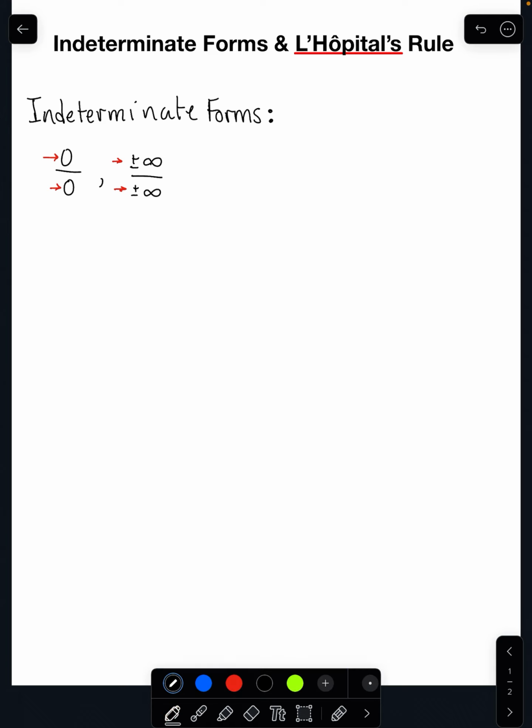As it turns out, there are other indeterminate forms that we would not have encountered in Calculus 1. To list them here, we have an indeterminate form 0 times infinity, which is actually very closely related to the previous two, because the previous two are based on division, whereas this is based on multiplication.